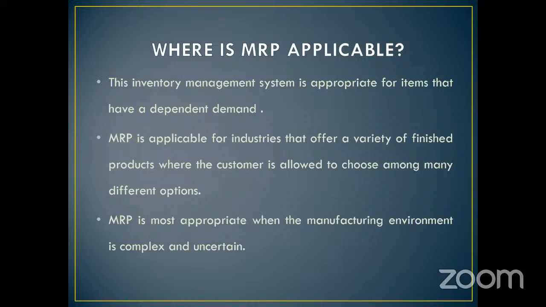But if you move to any star hotel, then according to your order, things are served to you. So that means MRP is the most appropriate when the manufacturing environment is complex and uncertain, because you don't know what type of customer will enter.